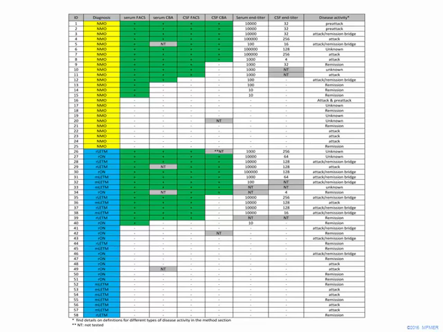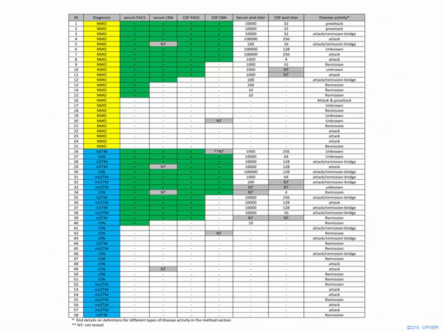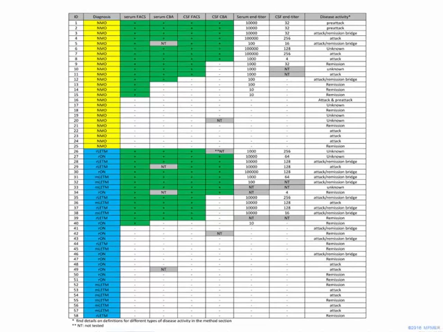But the CSF FACS, or CSF cell-based assay, detects less than the serum in all cases. Thus, this suggests that it is possible that if you only submit CSF, you're potentially going to miss a positive result.